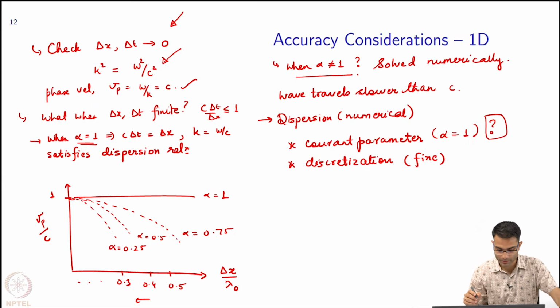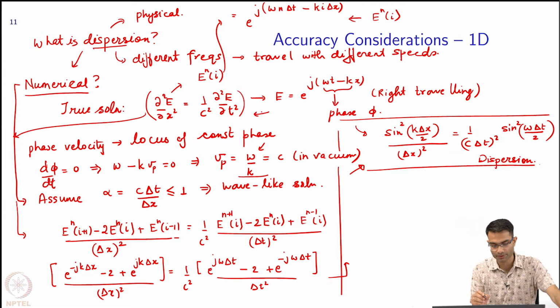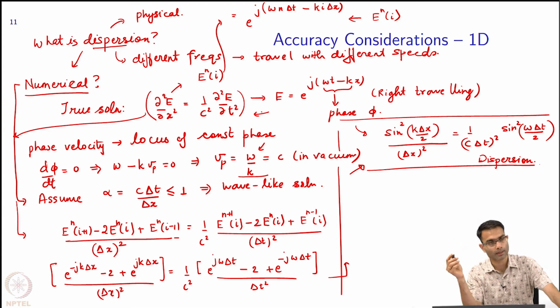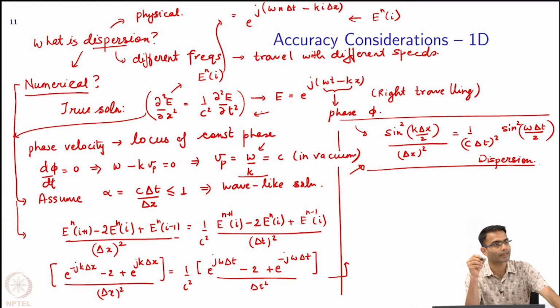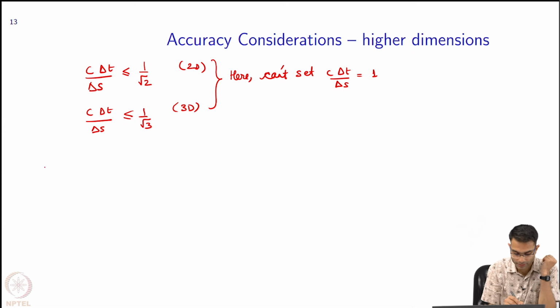If you look at this equation over here, we started with this wave equation. In the case of 2D, I will have a second derivative in y also. So how do you think this dispersion relation will get modified?